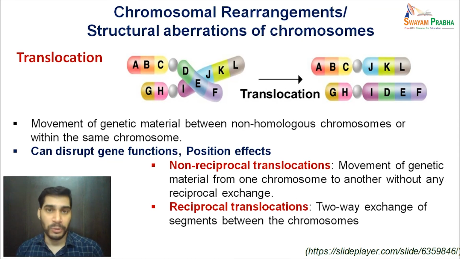Whereas there is a reciprocal translocation, which is a two-way exchange. That means there are two chromosomes involved. One part from one chromosome goes to the other one, and from the other chromosome some part also comes to the first one. So there is a reciprocal exchange.